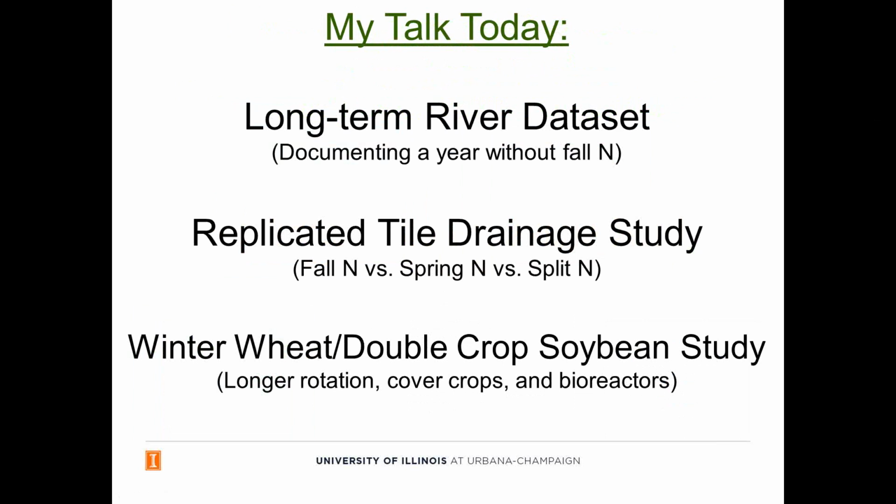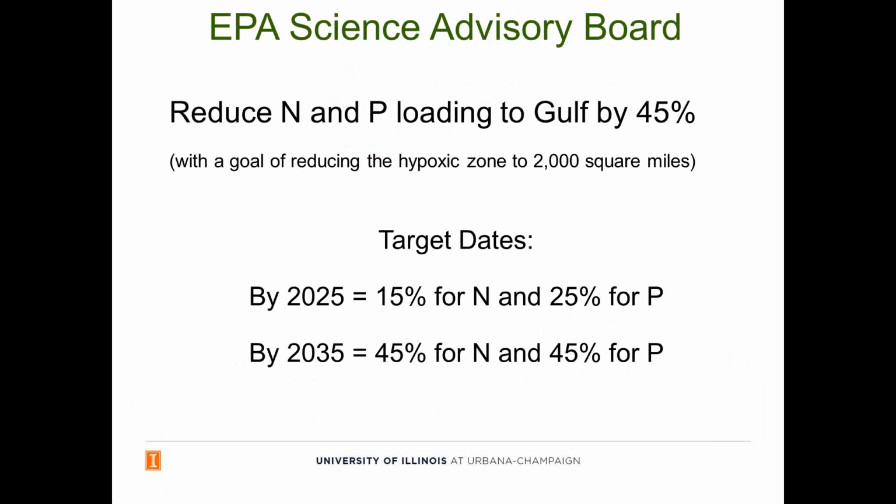As I said, we're going to feature a replicated tile drainage study which looks at the timing of nitrogen application, fall versus spring versus split applications. And then I'm going to end with that study at Eric Miller's where he's got a corn, soybean, wheat rotation where he's double cropped soybean the last 2 years. Plus he's got cover crops and bioreactors. I'll touch very briefly on bioreactors at the end.